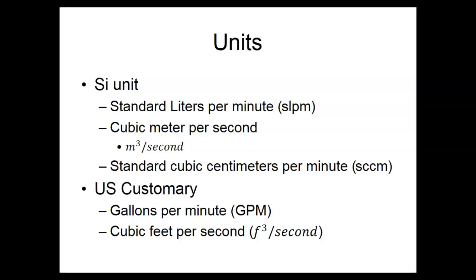And for U.S. customary, what we use is gallons per minute. A gallon is a volume, and then we move a gallon past a certain point, how fast it moves. So it's volume over time. If you ever look at a compressor, that's what it's rated at. In fact, most compressors are rated in something called standard gallons per minute, because the rate of flow varies with altitude.